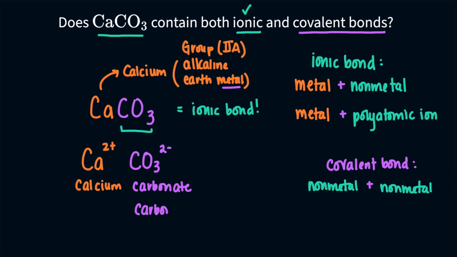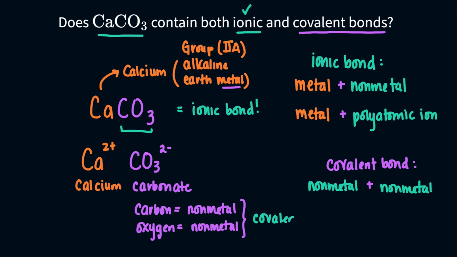And carbon is one of your nonmetals. It is on the right side of the periodic table, and so is oxygen. Oxygen is also a nonmetal. So when the carbon is now bonding with the oxygen in carbonate, nonmetal and nonmetal, that's a covalent bond.